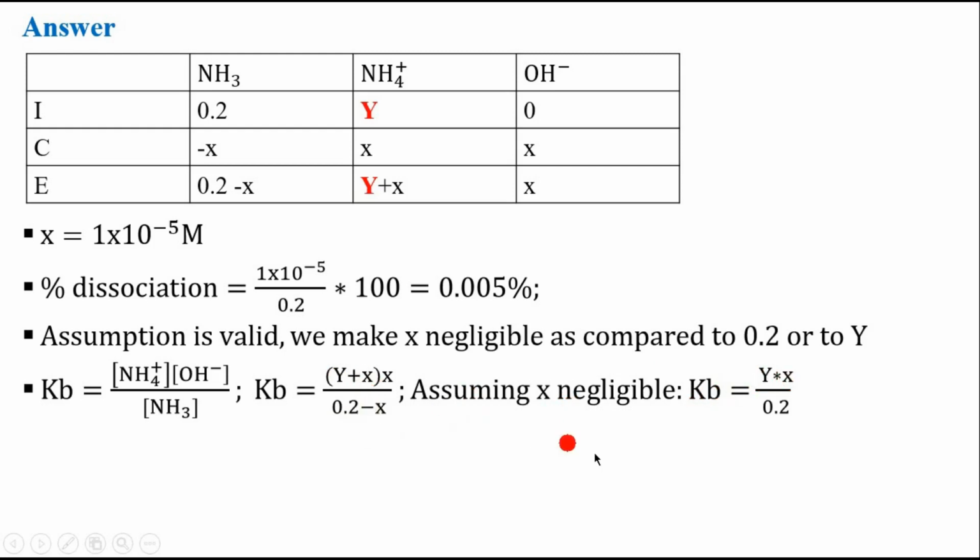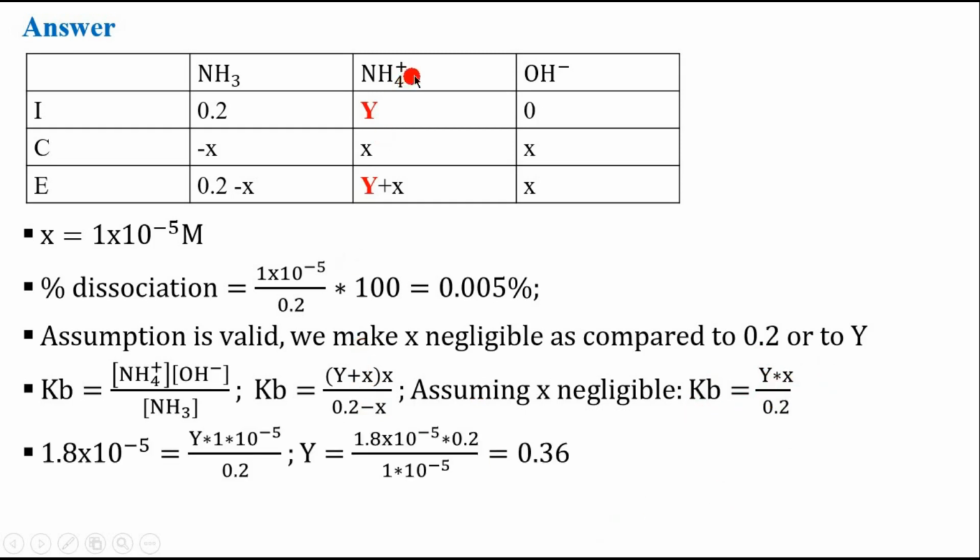Then you can determine the initial amount of ammonium nitrate. That means we will have 0.36 molar as the concentration of ammonium nitrate required, so that we can have the hydroxide equal to 1 times 10 power negative 5 molar in this buffer system.